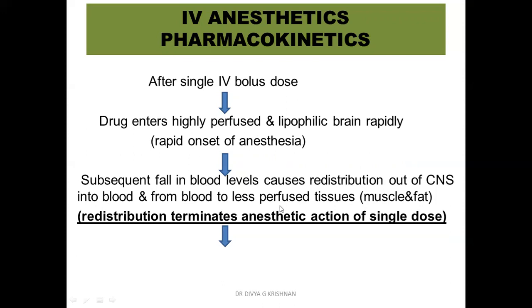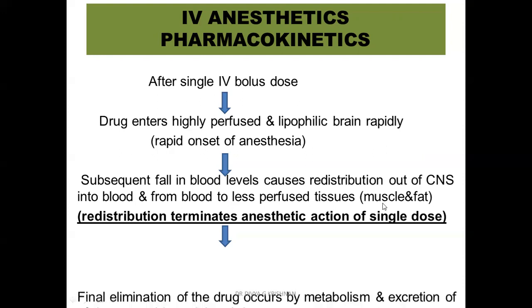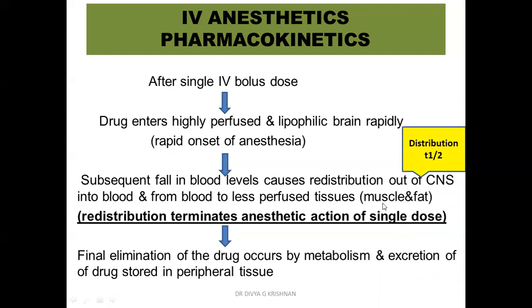Once redistribution occurs, this will terminate the anesthetic action of a single dose. That is called the distribution T-half. So at the end of the distribution T-half, you will have termination of action of the drug in the brain.